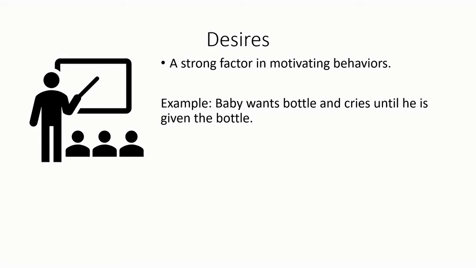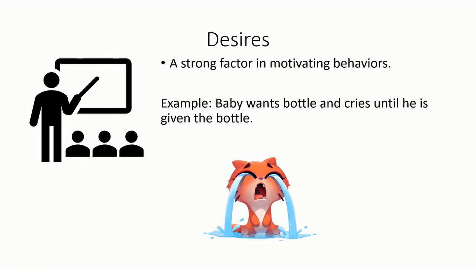So because of this feeling, he cries. Now the feeling motivates the crying. But the sound of the crying motivates the parent to get the bottle and give it to the baby. The baby drinks the bottle, and he is no longer crying because his need has been met. His desire has been fulfilled.